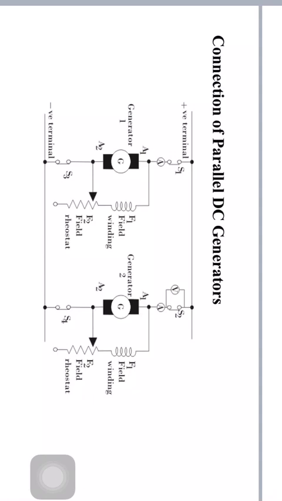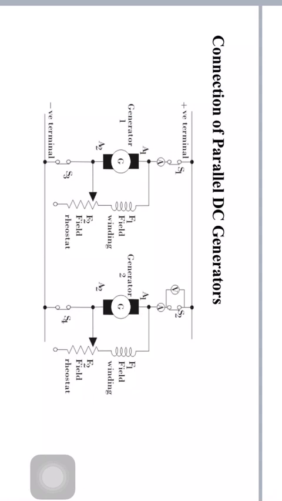And next, to connect the second generator with the one existing working generator, first we have to bring the speed of the prime mover of the second generator to the rated speed. So at this point, switch S4 is closed.